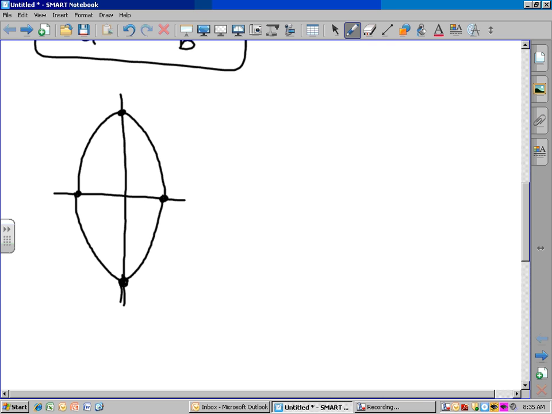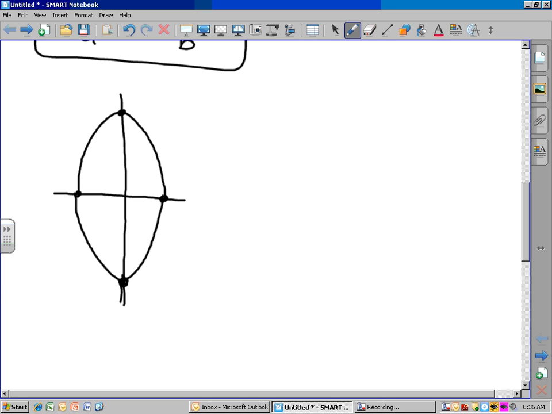Does that one look like it's been stretched vertically? The major axis length has changed. It's now vertical. A always goes with the major axis.